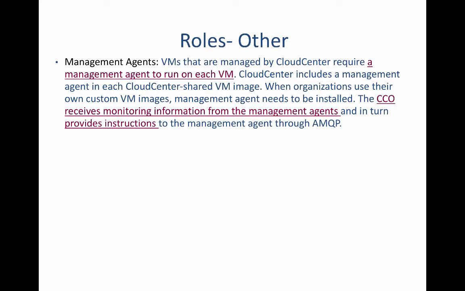Next, these are the infrastructure roles we just covered. Now, what else do we have in the CCC to make it work? The management agents, as I mentioned before. It needs a management agent to run on each VM. So CliQr, or Cisco, provides a worker VM, as they call it, which has the built-in agents.